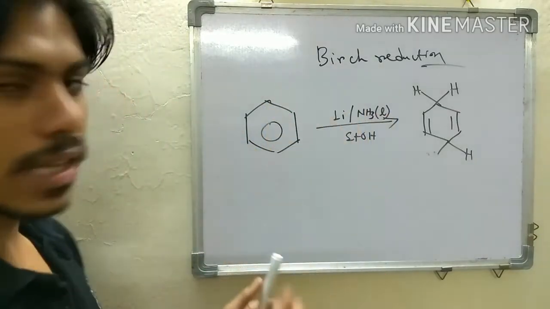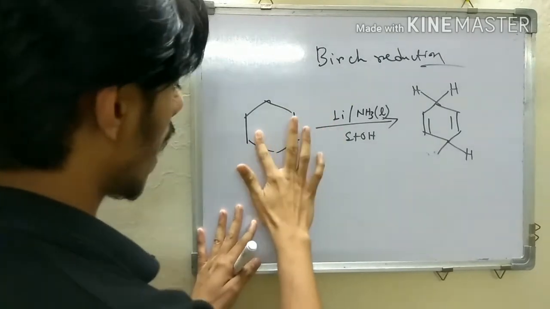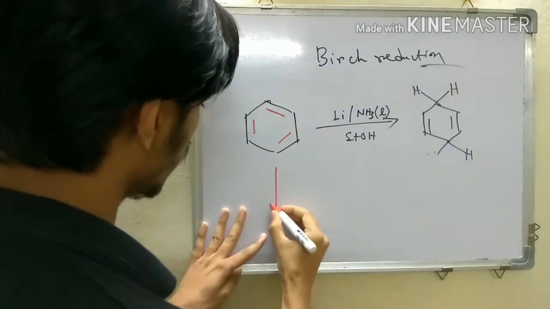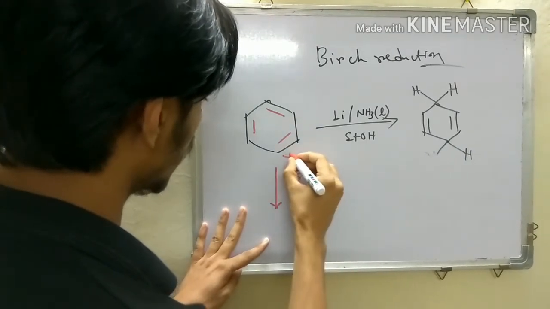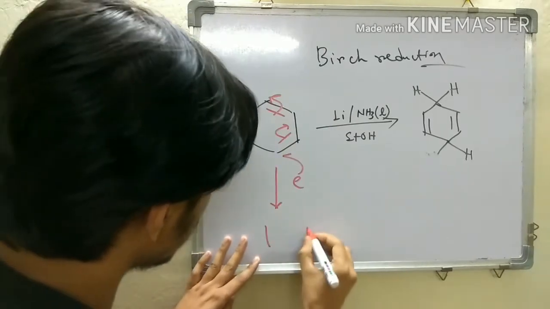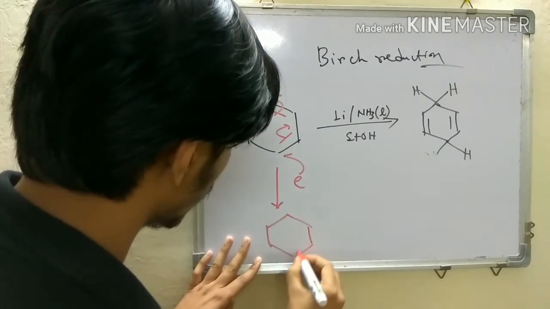And this electron is delivered to this low energy LUMO, and we can show it by this curly arrow. First this electron goes here and forms this, so this radical anion is generated.